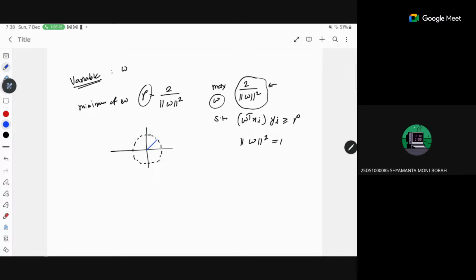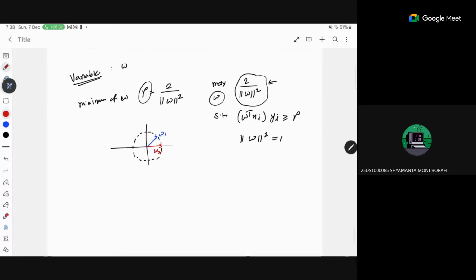This is my W1, this is my W2, both of length 1. If the length is equal to 1, how am I going to compare their margins? Will the margins be same or different?